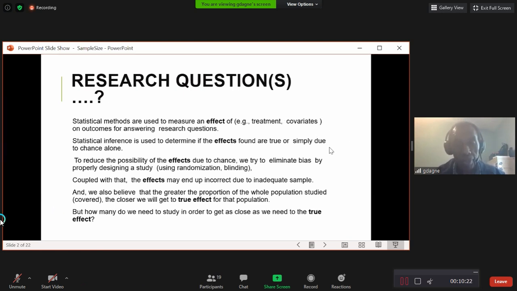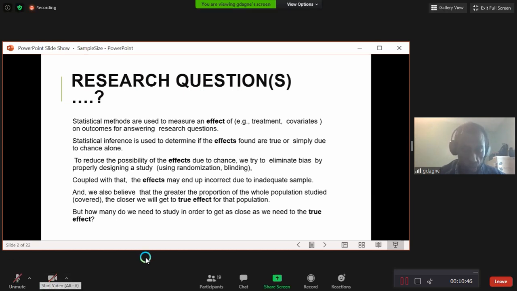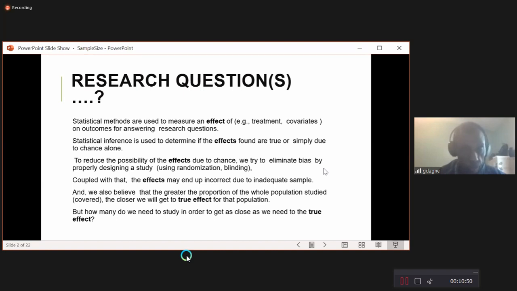Okay, but anyhow, going back to that, we need to make sure that we can eliminate that any effect may be due to chance, or at least try to reduce it. So in order to reduce that, we plan our studies by using randomization or blinding as much as possible, to reduce the chance that the effect that we see is simply by chance.